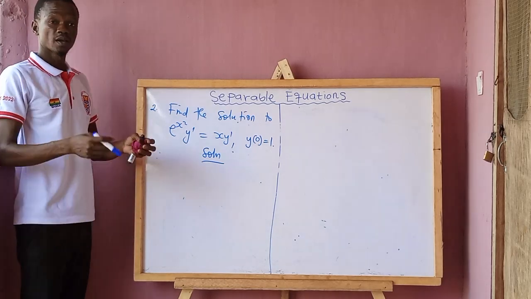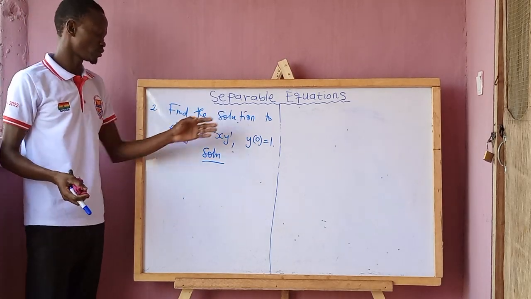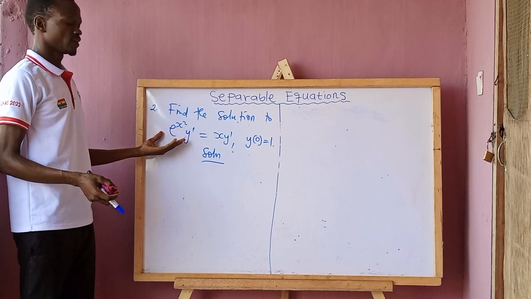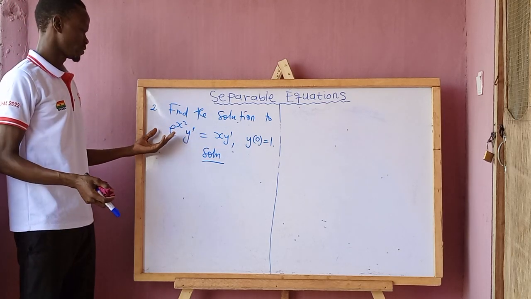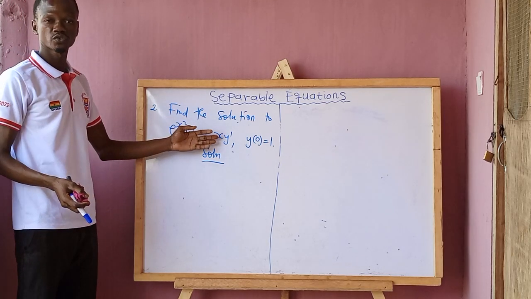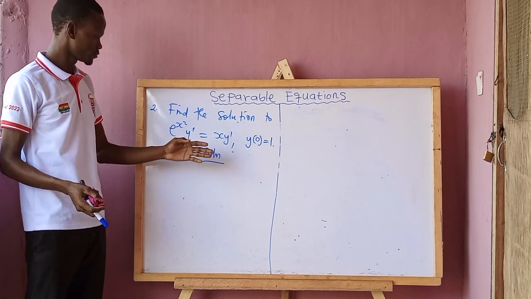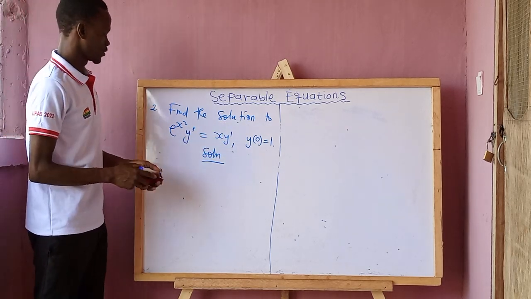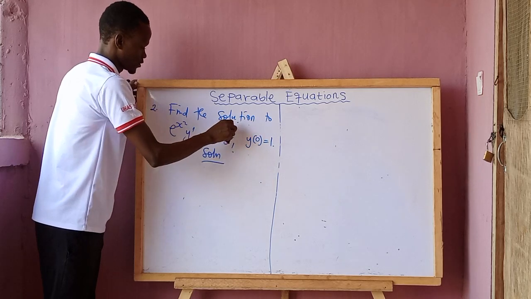Okay, so example 2 says: find the solution to this particular ODE, that is e^(x squared) y prime equal to xy.